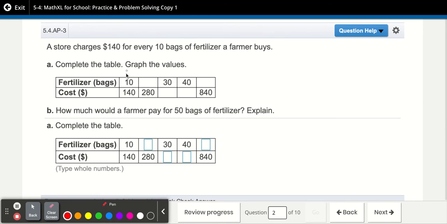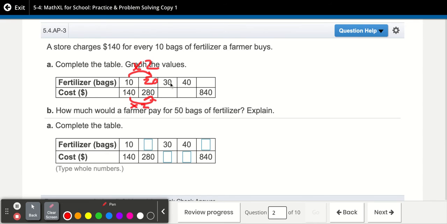Looking at this table, we see that the initial ratio is, right, store charges $140 for every 10 bags. Well, they put the 10 bags on the top row, so it's 10 bags for $140. And then notice here that we double this. This is times 2. 140 times 2 is 280, so that means we're just going to double our 10, which we get 20.